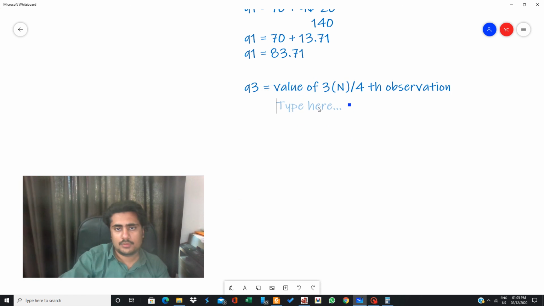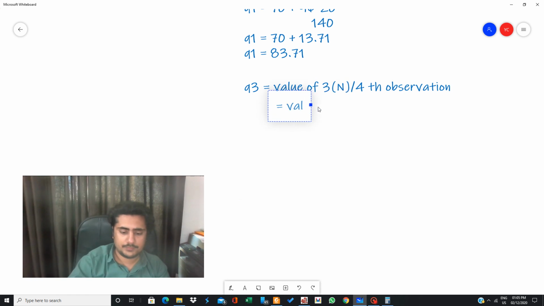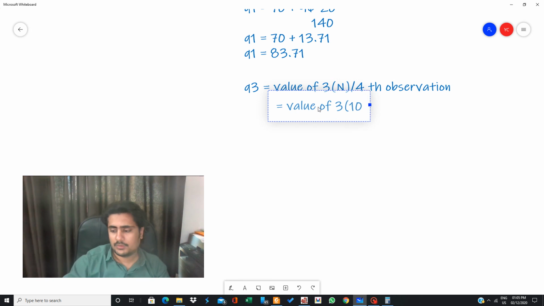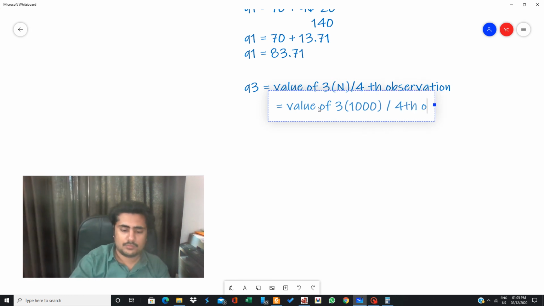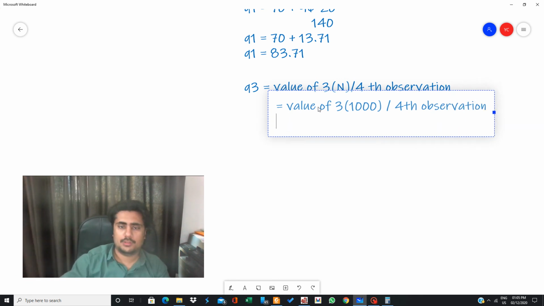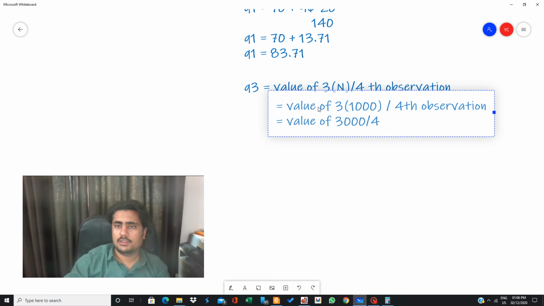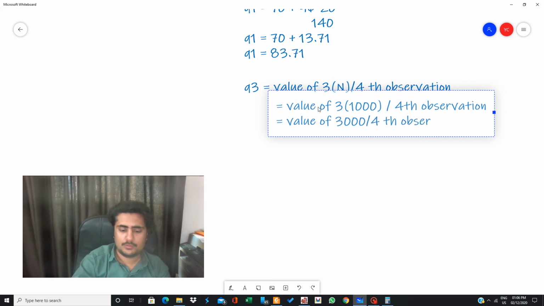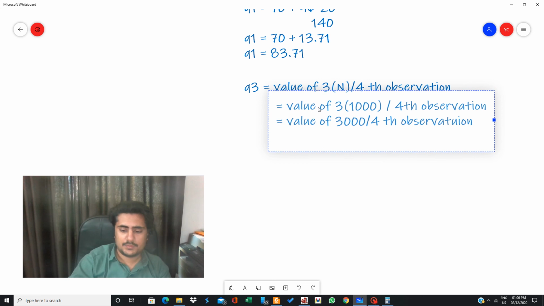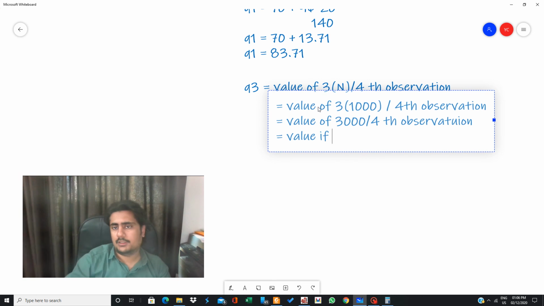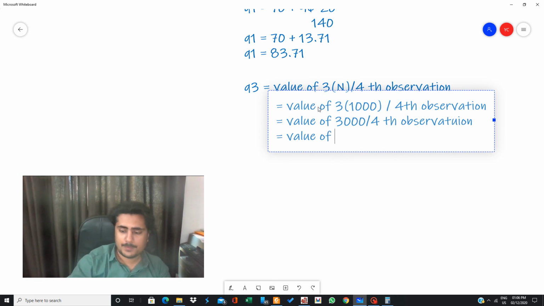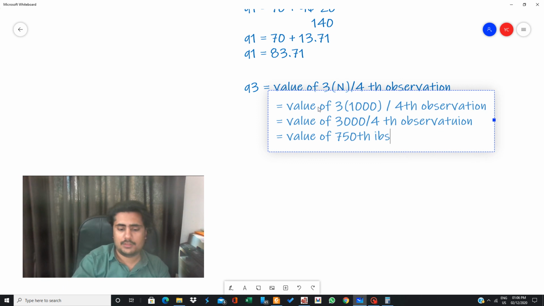So this is the value of 3 into 1000 upon fourth observation. So it's the value of 3000 by fourth observation, the value of the 750th observation.